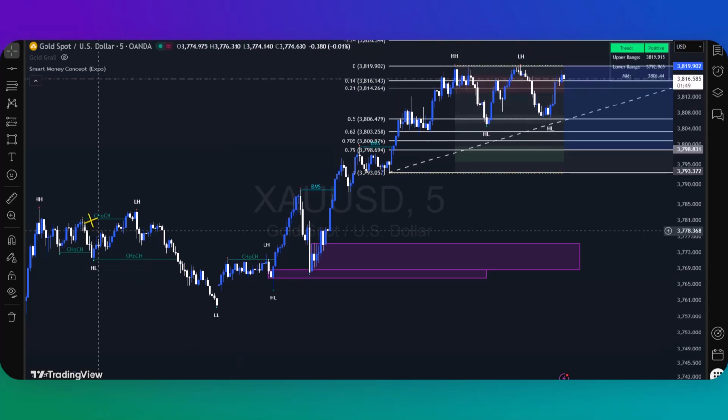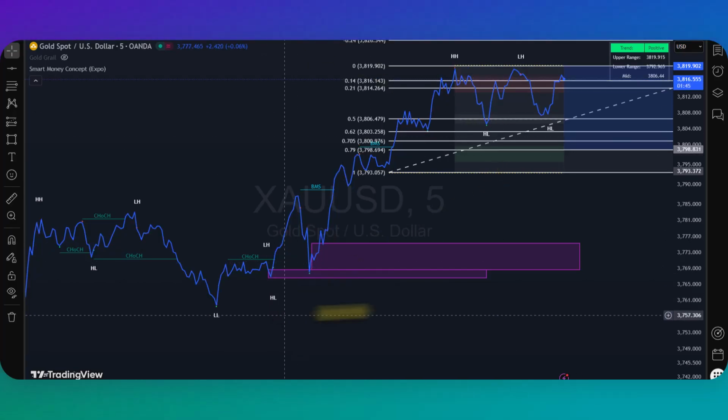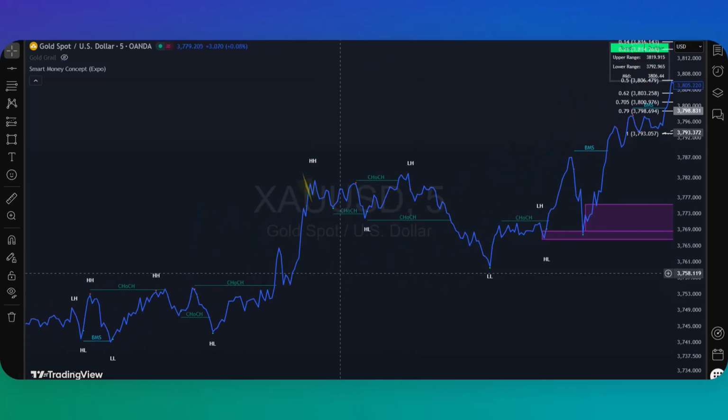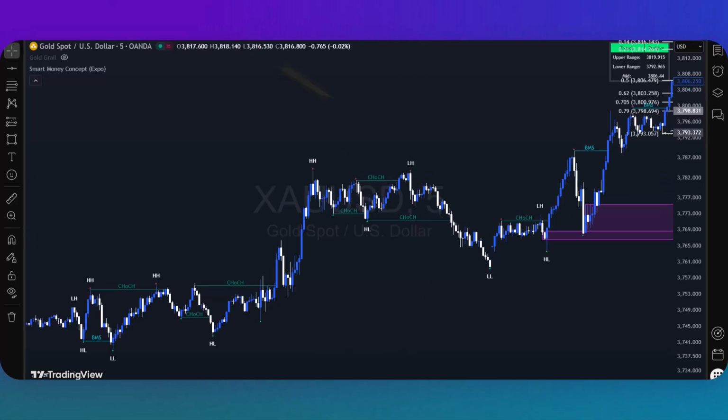Like I said, if you want to see the chart properly, you can just go to the line chart. Now, what do you notice? Rally base drop. What can you say about this?